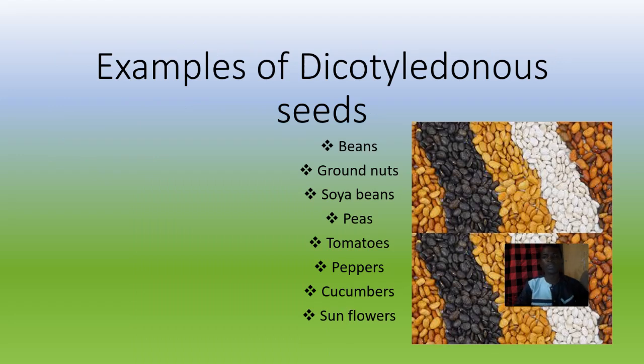Examples of the dicotyledonous seeds, we have the beans, the nuts, the soybeans, the peas, the tomatoes, the peppers, cucumbers, sunflowers.